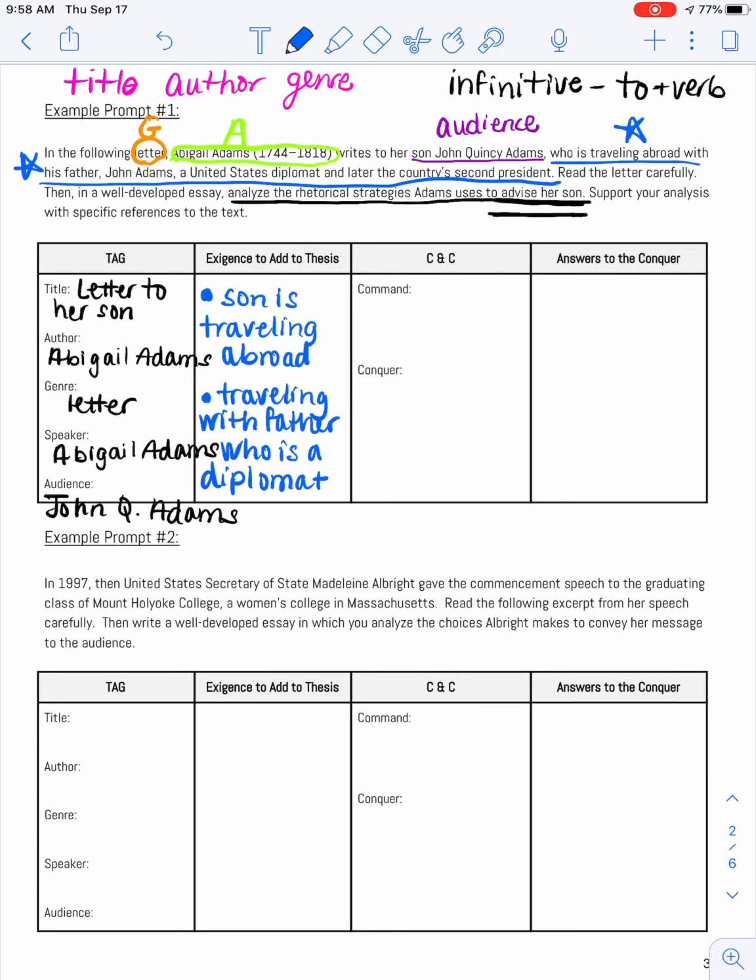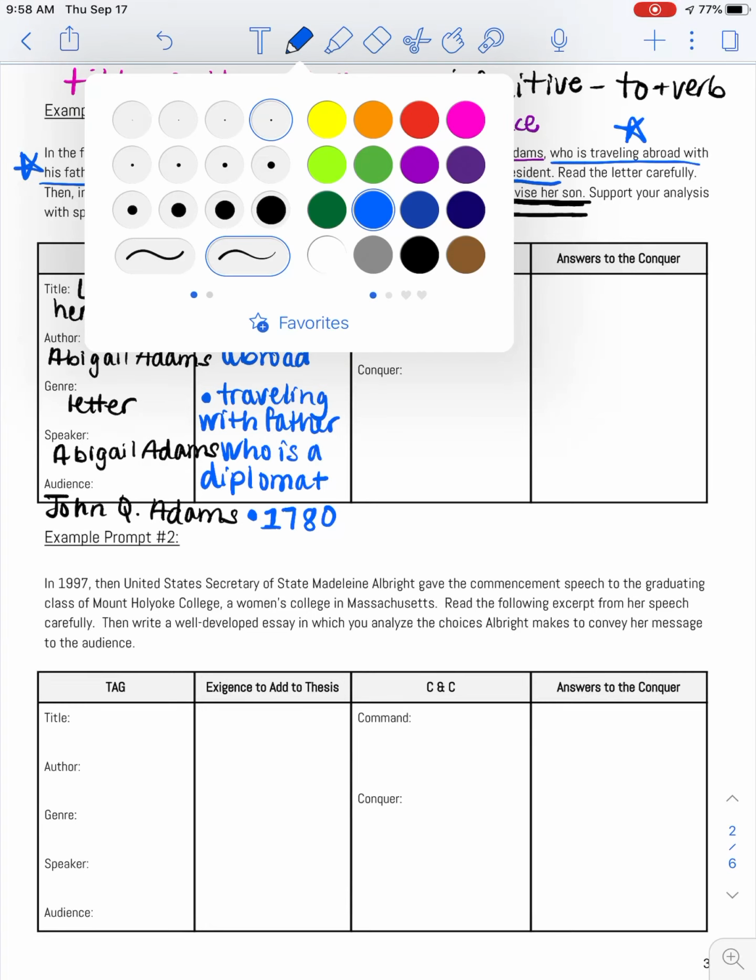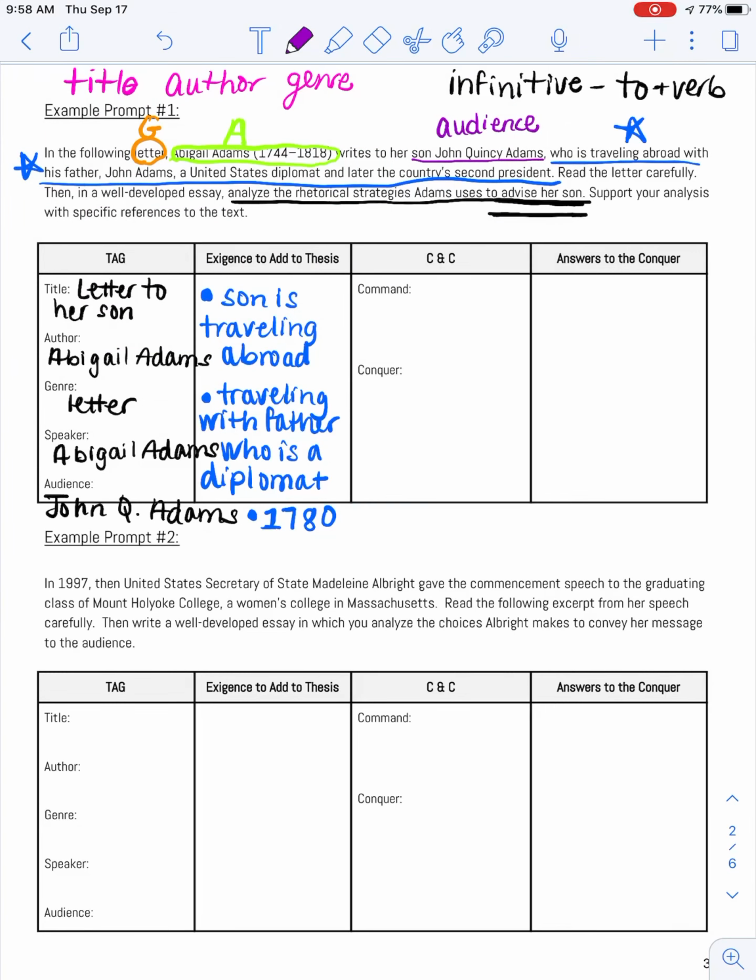I know it's going to be within those years somewhere, and I cheated a little bit, and I looked right at the beginning of the text, which you don't have yet, but you know, I'm just kind of using my resources here, and I know that it's 1780, so I'm going to put that in there too. I'm cheating.